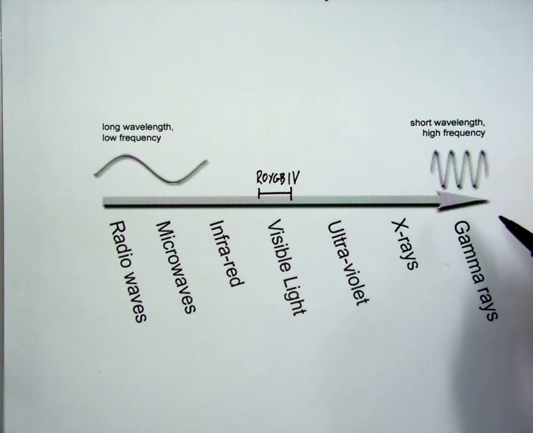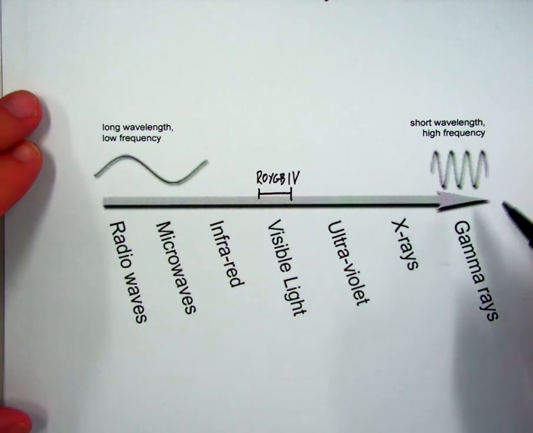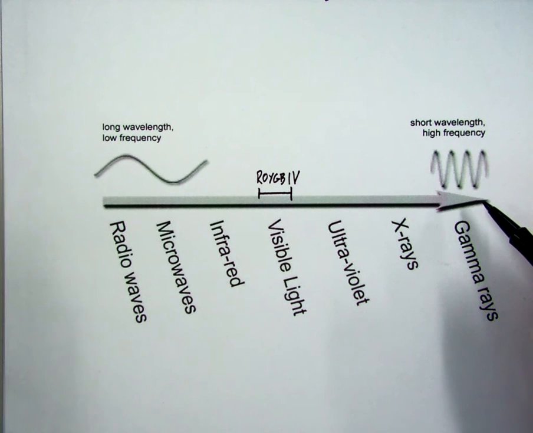Gamma rays are high energy, high frequency electromagnetic waves that are produced in the nucleus of an unstable atom. They are produced when atoms undergo nuclear radioactivity or radioactive decay, and they generally go right through us, although they can be a dangerous cancer-causing wave.